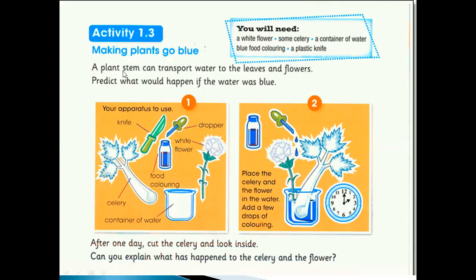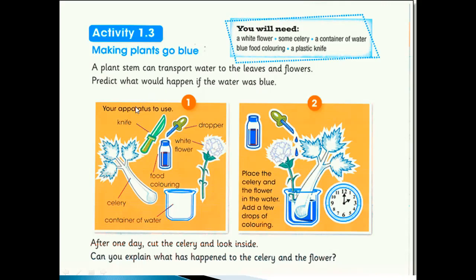A plant stem can transport water to the leaves and flowers. Predict what would happen if the water was blue. If you change your water into blue, what happens to your plant?